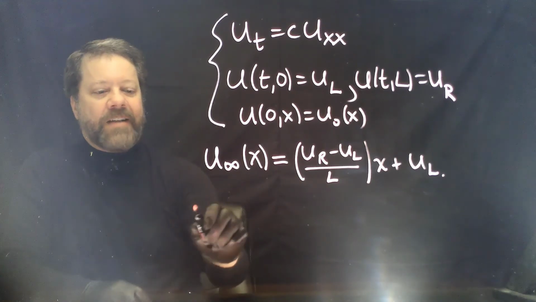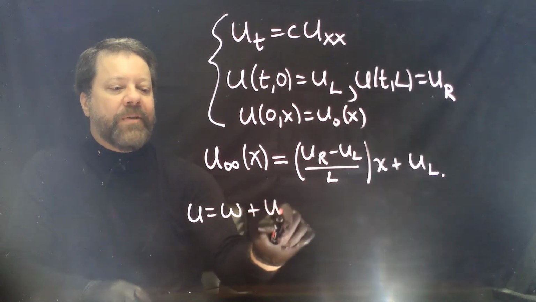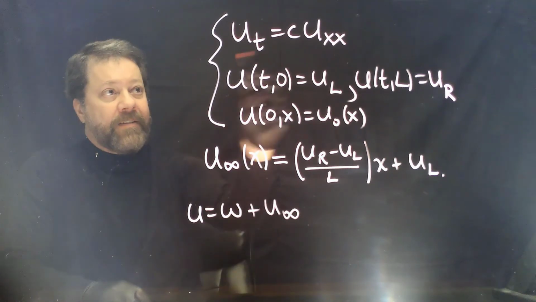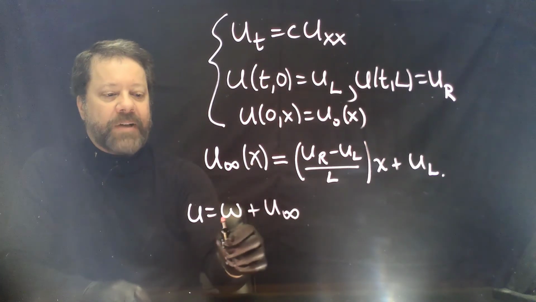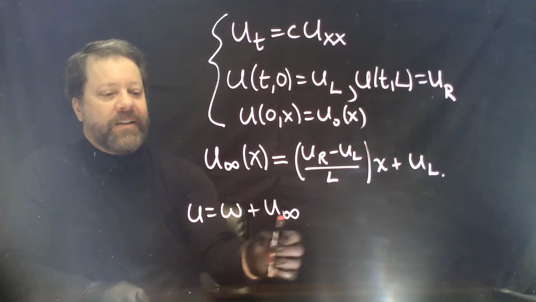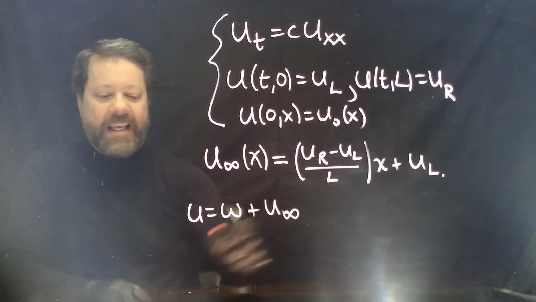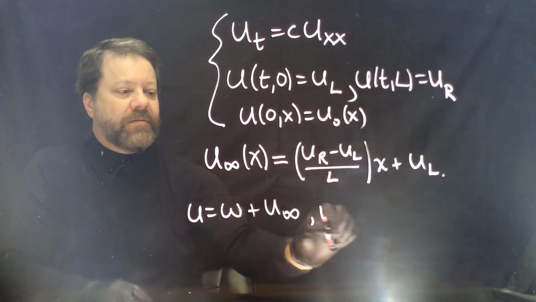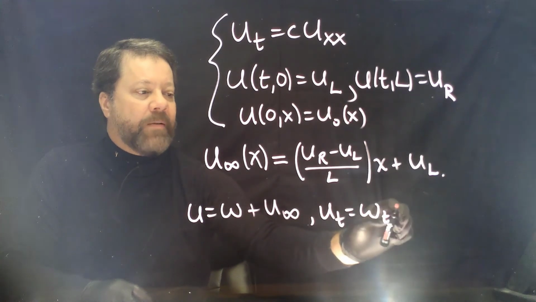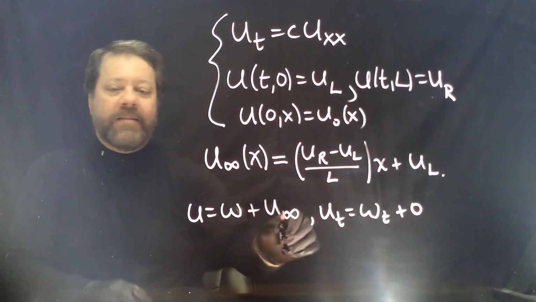Now, it turns out if U is of the form W plus U infinity, then this will solve the differential equation precisely when W is a solution to the heat equation. You can see that because if you plug it in, if you take the derivative with respect to t, what you'll get is W_t plus 0. U infinity does not depend upon t.